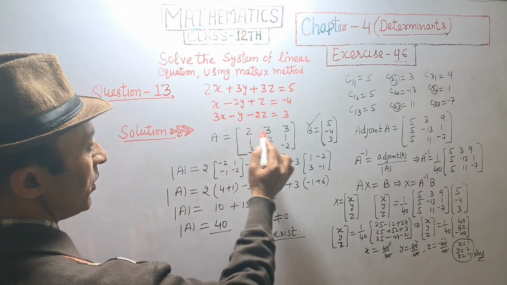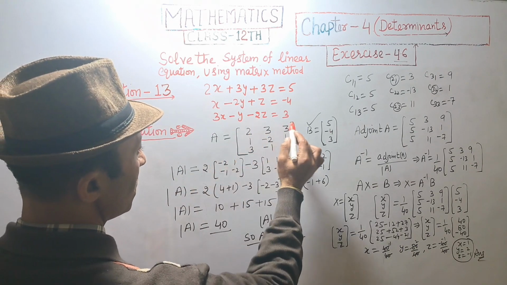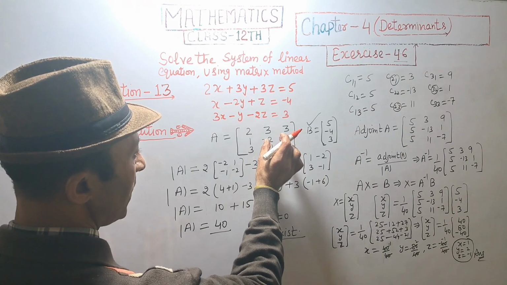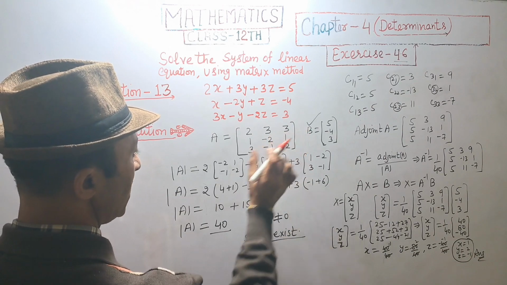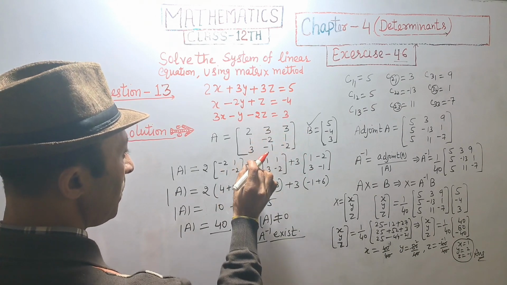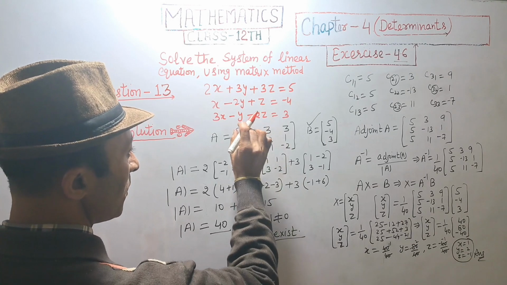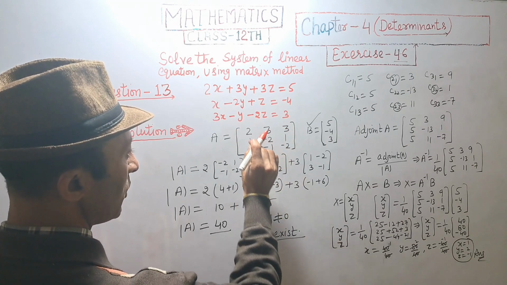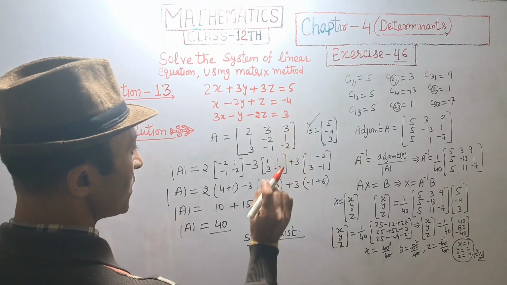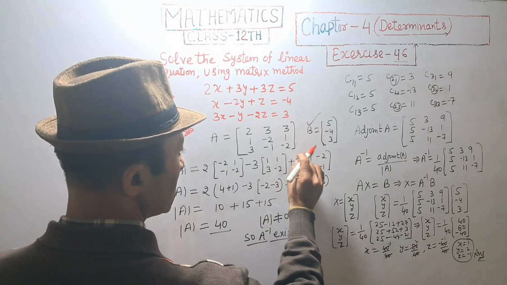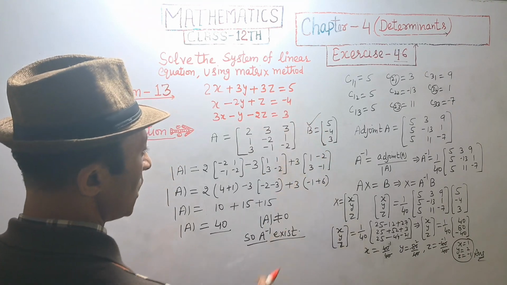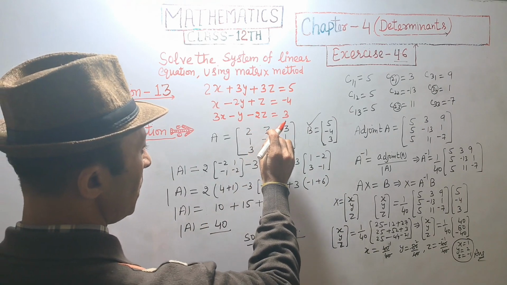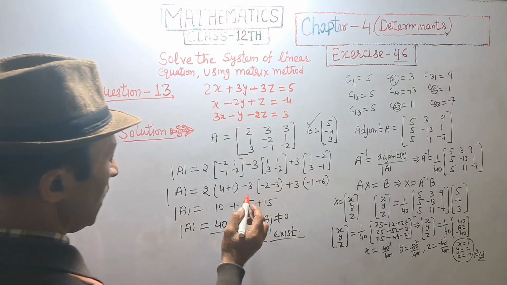Determinant of A: taking 2 multiplying first row first column, neglect, minus 2, 1, minus 1, minus 2, and second time minus 3 times first row second column, neglect, 1, 1, 3, minus 2, and plus 3 first row third column, neglect, 1, minus 2, 3, minus 1.